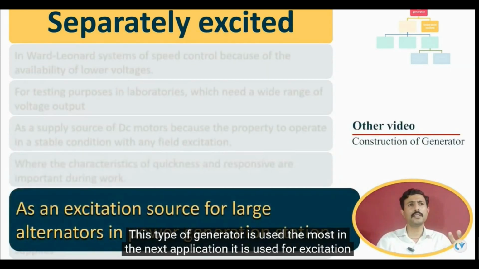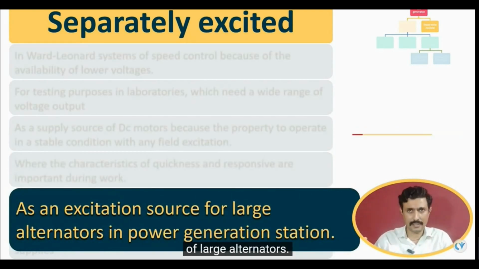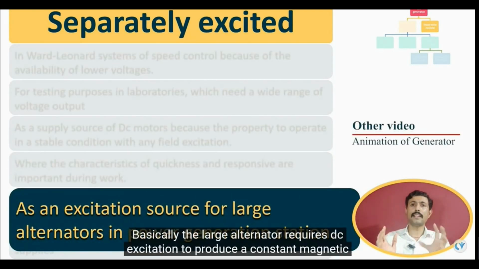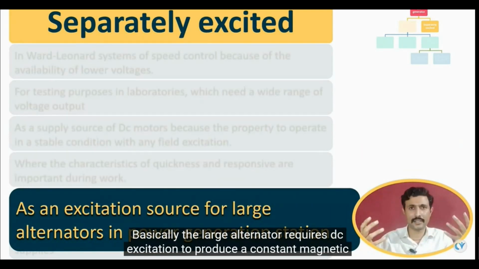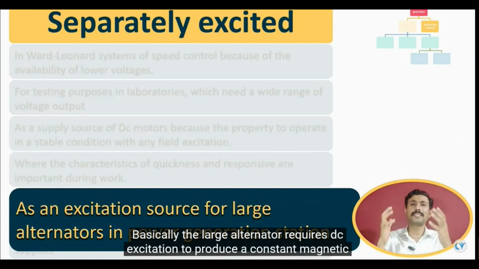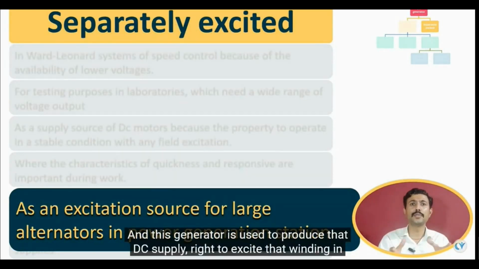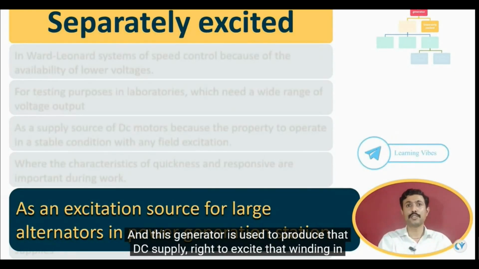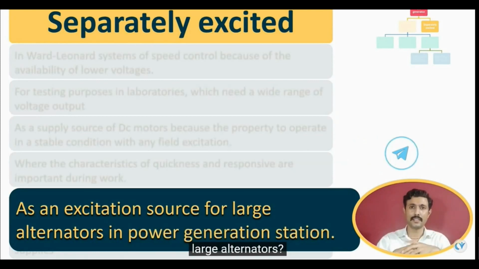In the next application, it is used for excitation of large alternators. Basically, a large alternator requires DC excitation to produce a constant magnetic field, and this generator is used to produce that DC supply, right, to excite the winding in large alternators.